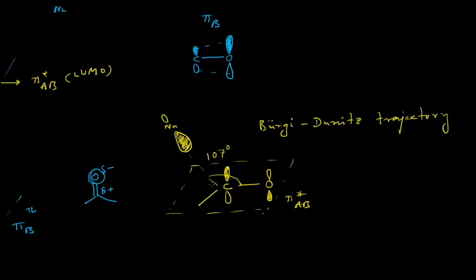This is basically the experimental fact that any nucleophile, when approaching a carbonyl functional group, maintains this 107 degree angle with the carbonyl system. The carbonyl system may be an aldehyde or a ketone.